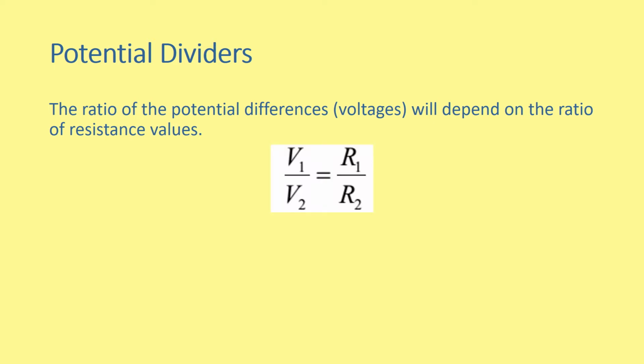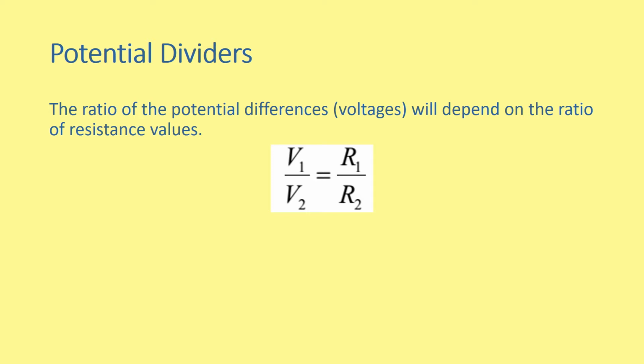V1 over V2 is equal to R1 over R2. What this means in effect is that if R1 is bigger than R2, V1 will be bigger than V2. If R1 represents 1/3 of the total resistance, V1 will represent 1/3 of the total voltage.